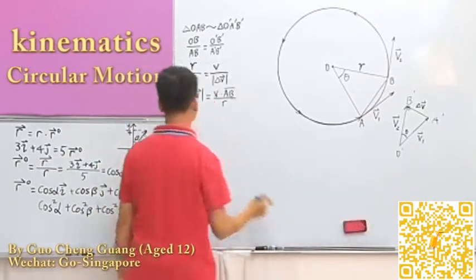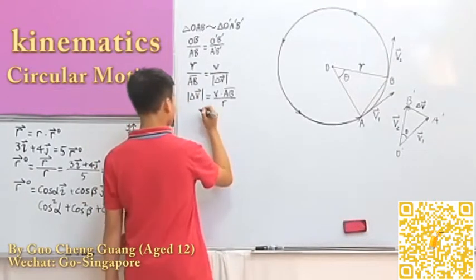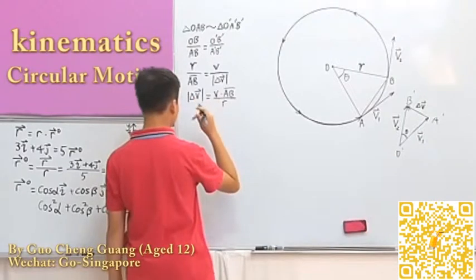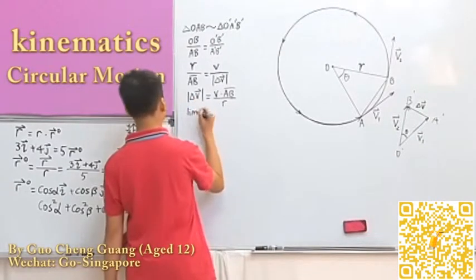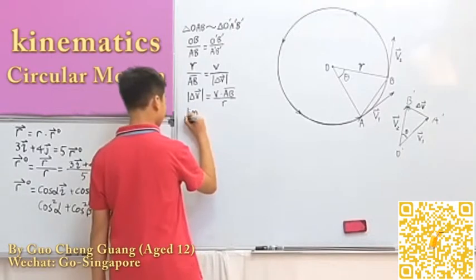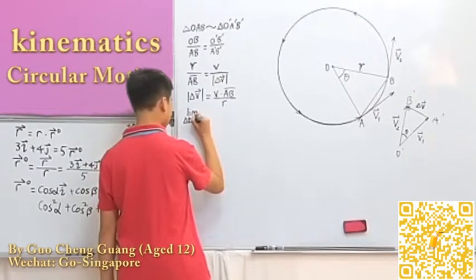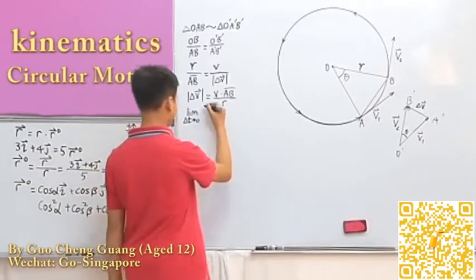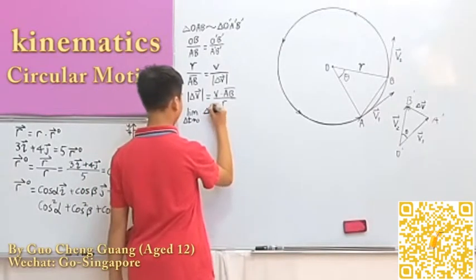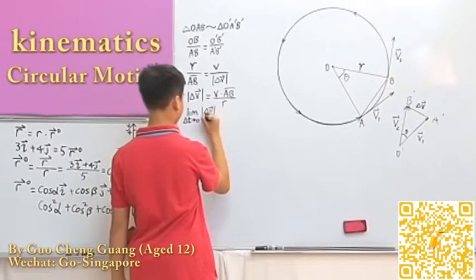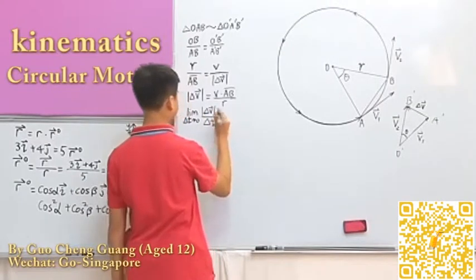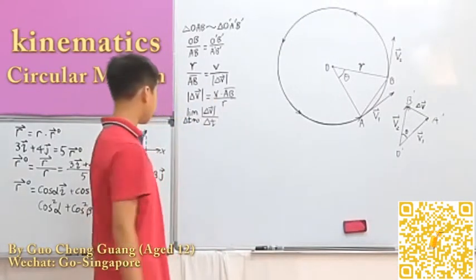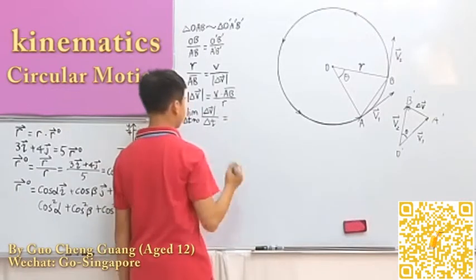So from this part, we're going to let this be a limit, where delta t approaches 0. Delta V over delta t, and the other side you also have to do the same.